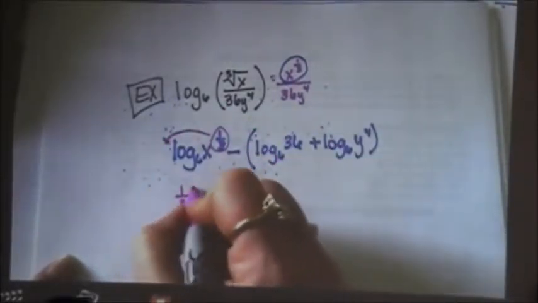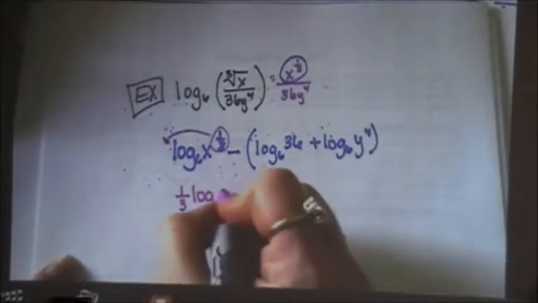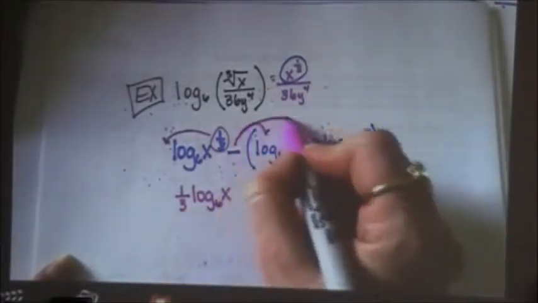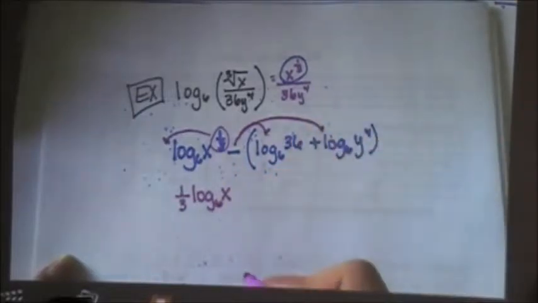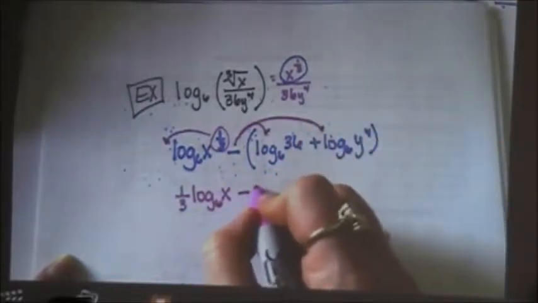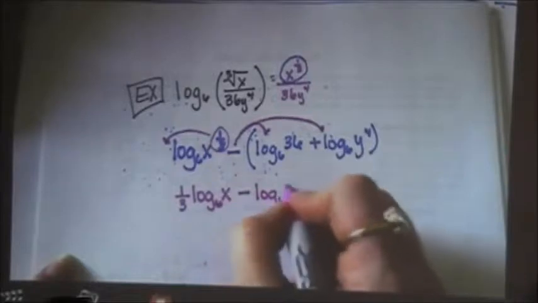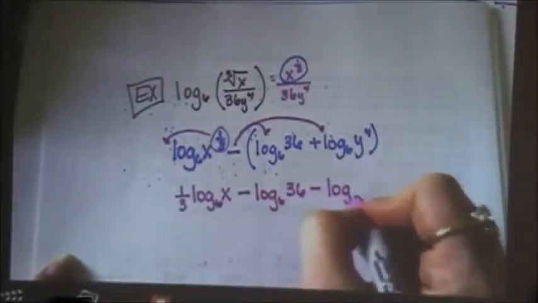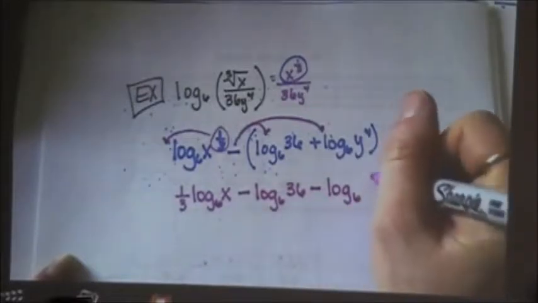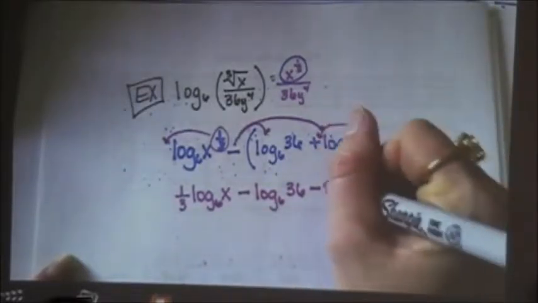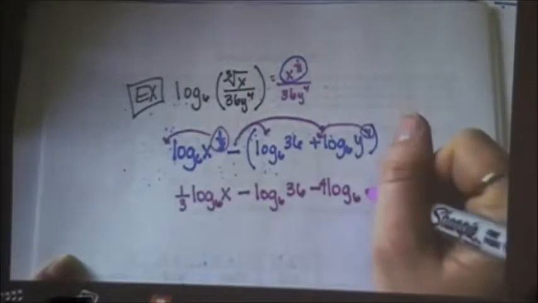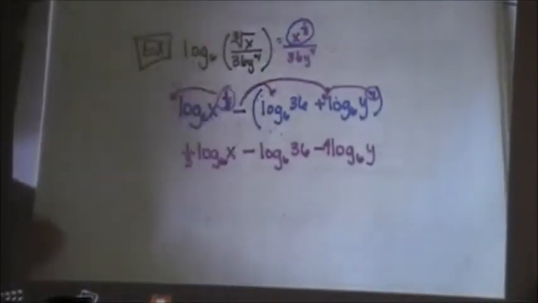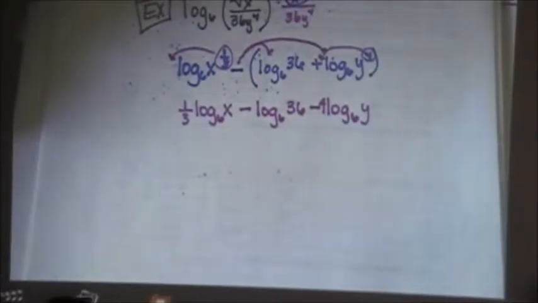So this is going to be 1/3 log base 6 of x. I have this negative which I can distribute to both of these logs, and that way I can get rid of the parentheses. So it'll be minus log base 6 of 36 minus, oh, this 4 is going to move to the front, so it'll be minus 4 log base 6 of y.